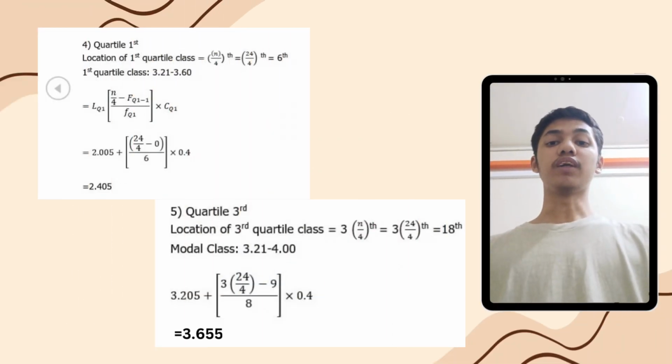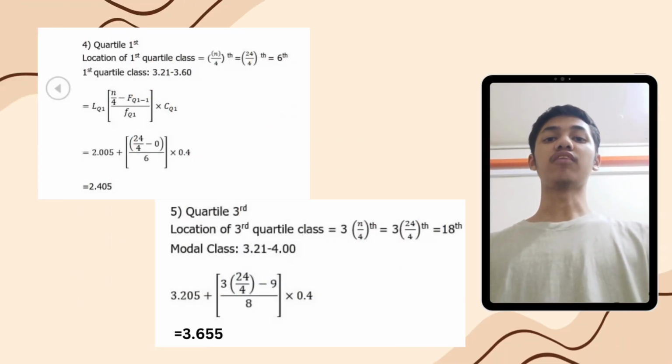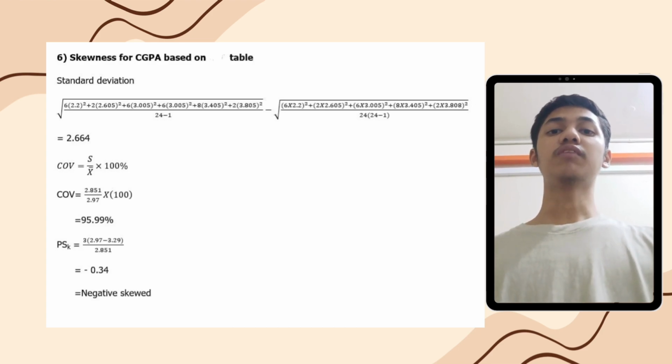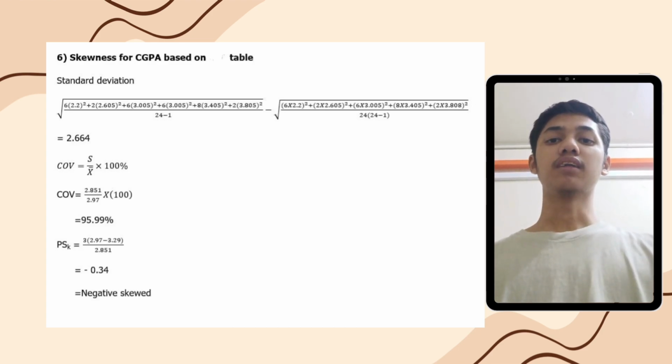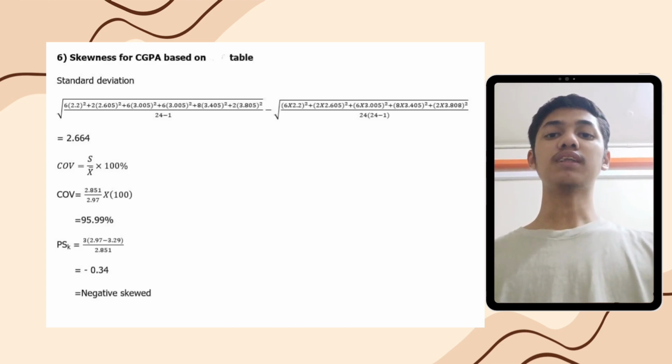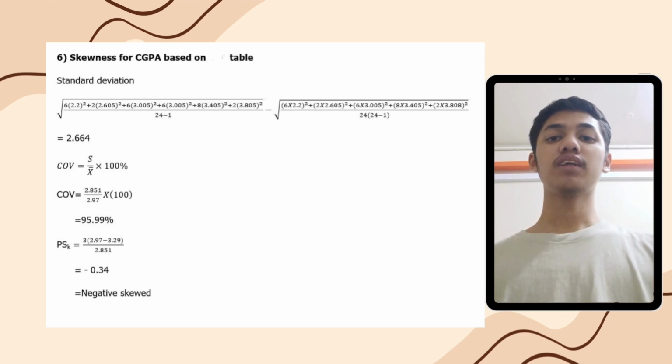For the first quartile, we got 2.405, and for the third quartile, we got 3.655. For number 6, we calculate the skewness for CGPA based on the table. The standard deviation is 2.664, and the COV is 95%, and the skewness is negative 0.34, and we get negative skew.